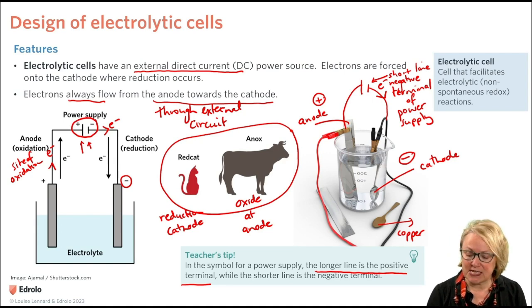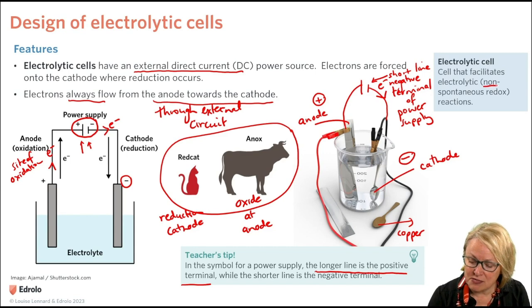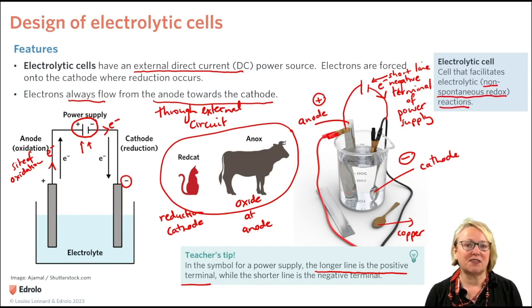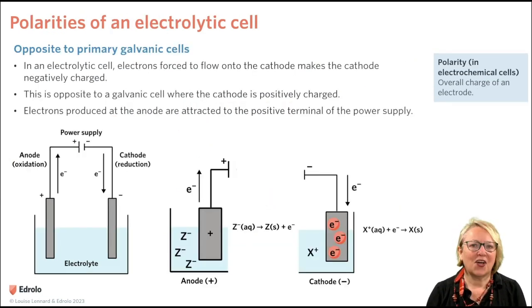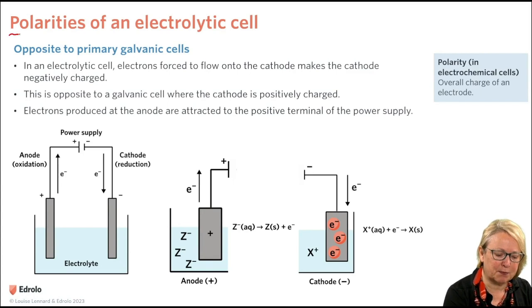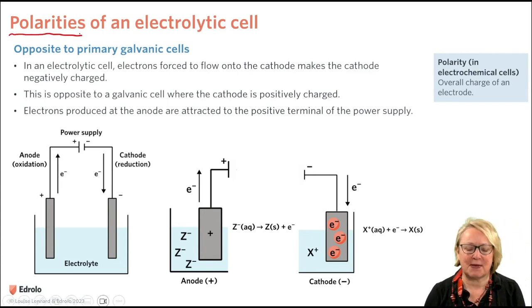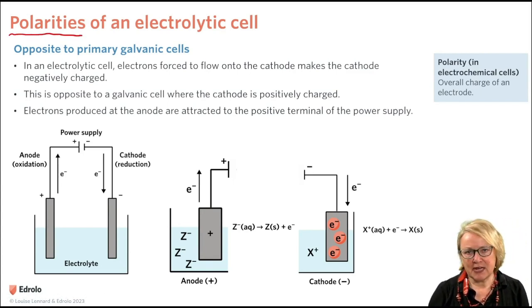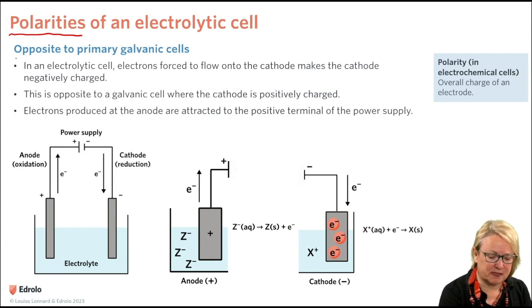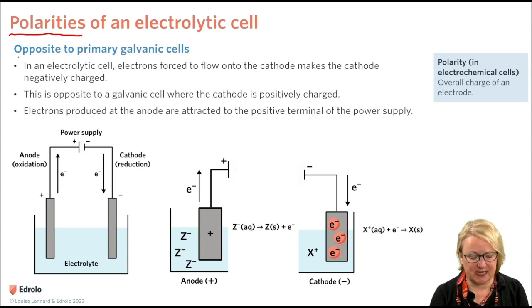An electrolytic cell is a cell that facilitates electrolytic or non-spontaneous redox reactions, and that's why we need the power supply to force that reaction to occur. Okay, so it's really important that we get the polarities right when we're talking about cells. The polarity in an electrolytic cell is opposite to what it is in a primary galvanic cell.